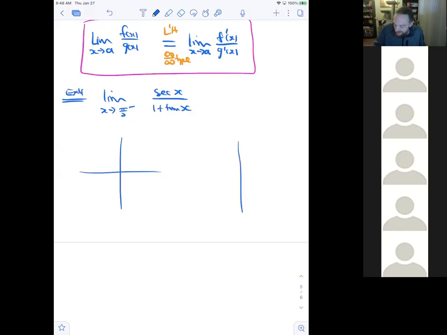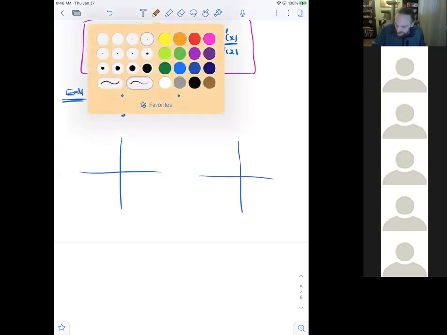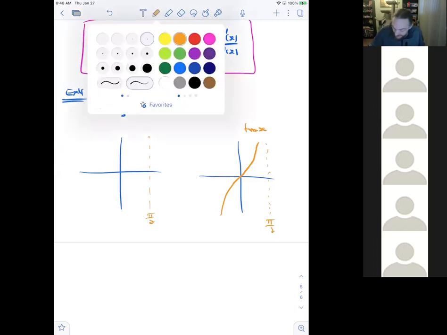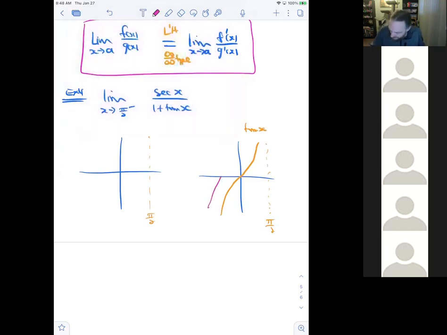Look at pi over 2. Tan looks like this. 1 plus tan is just shifted up 1, which is still going to go to infinity at pi over 2.